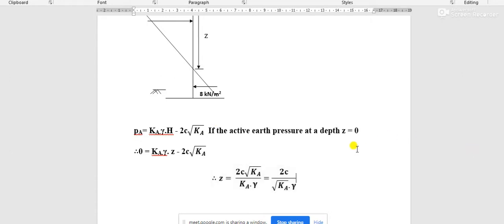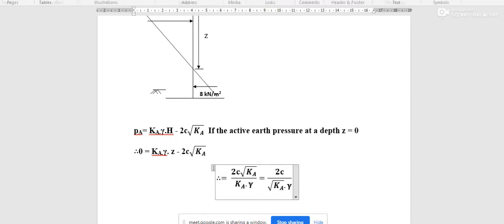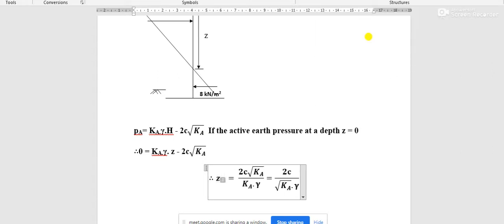Now, as the value here is 0, you may write this Z as Z0.